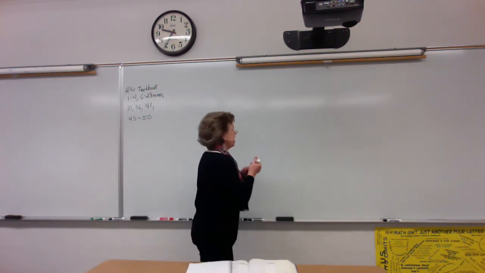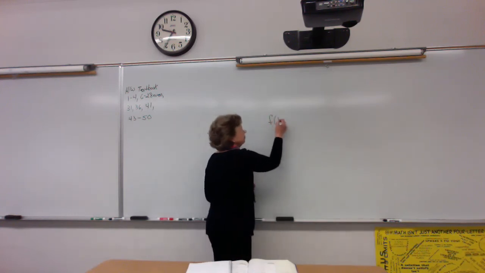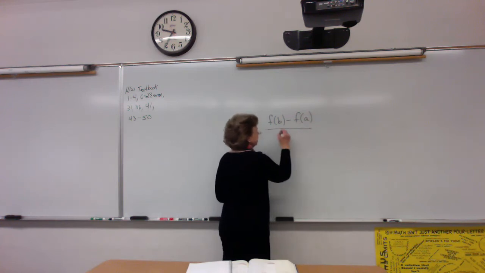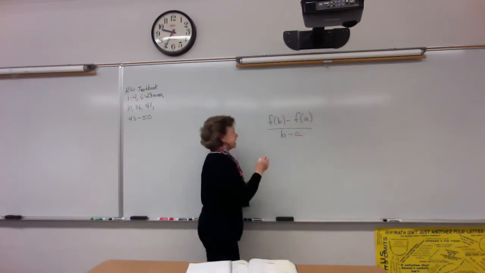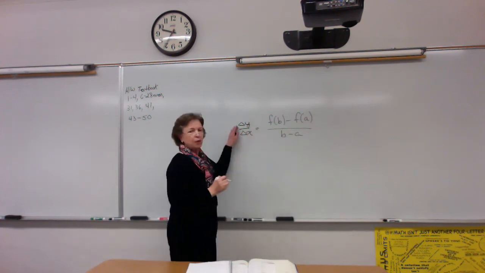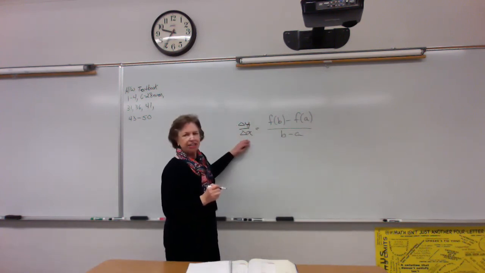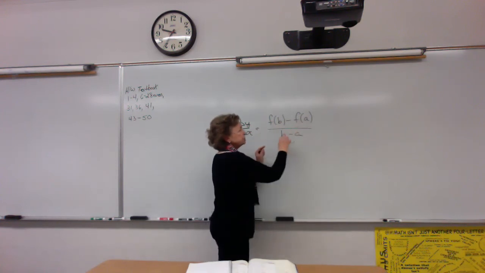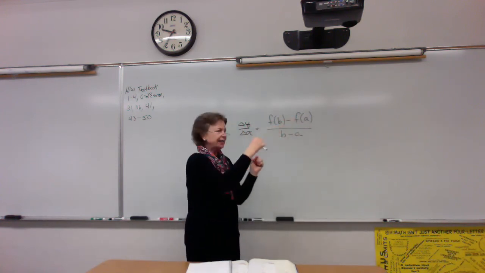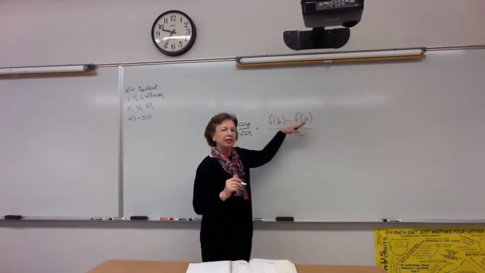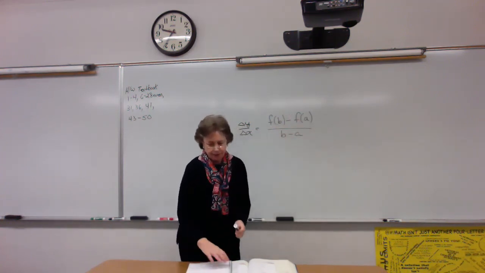So the rate of change was the value of the function at point B minus the value of that function at point A, divided by B minus A. So it was like delta Y over delta X, a change in the Y values divided by a change in the X values. Looks like slope, right? Rise over run. I just picked two intervals and looked at the endpoints of that interval and calculated what the slope would be if there were a straight line between those 2 points.